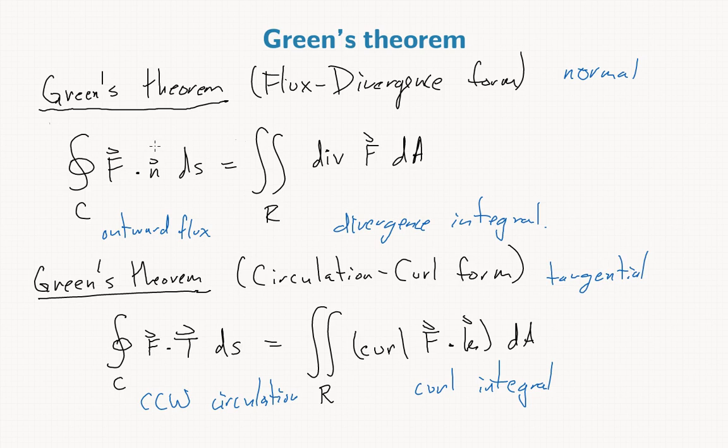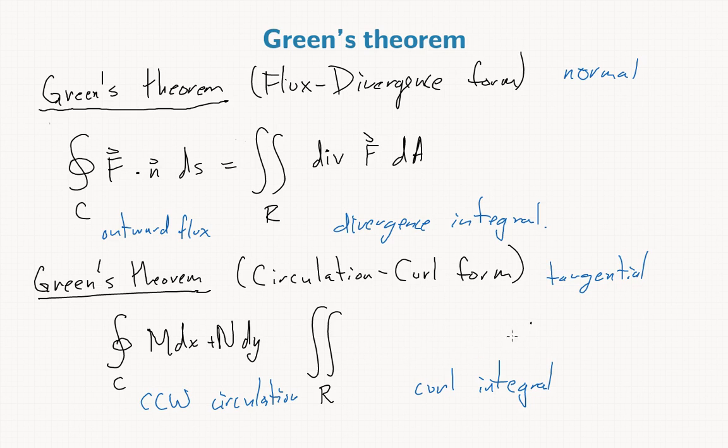Let's write this out more explicitly. So the left-hand side for the circulation curl form is integrating M dx plus N dy. Then the k component of curl is going to be del N by del x minus del M by del y dx dy.